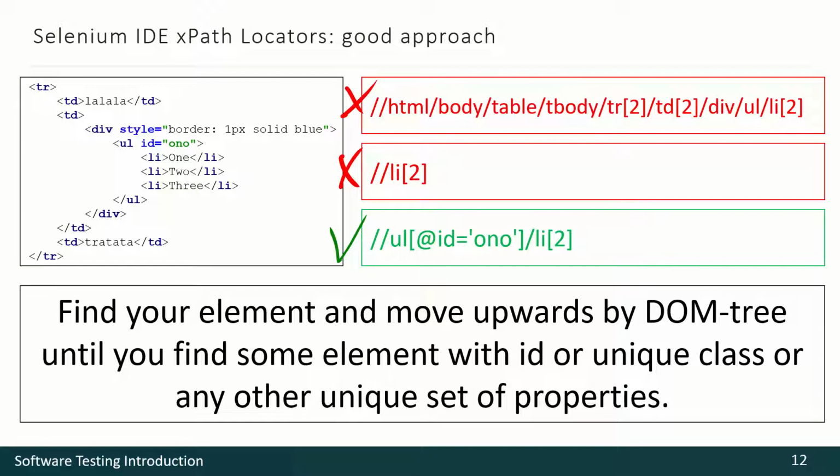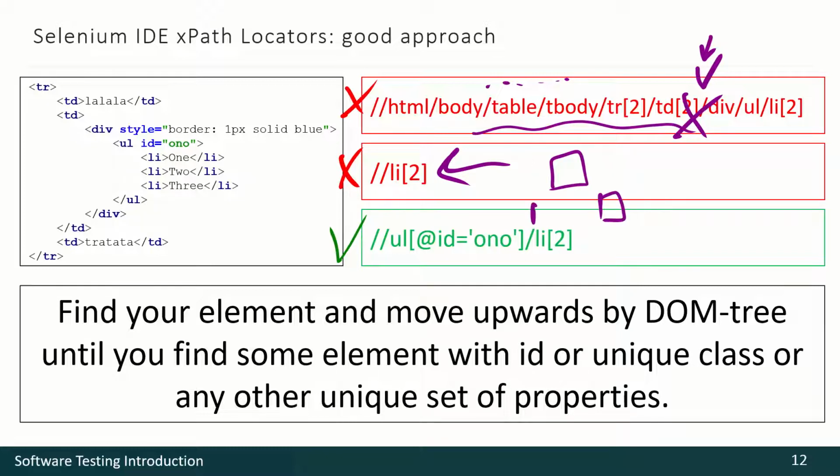Imagine that something changes in the page layout, and maybe something was inserted here, then this whole chain breaks, and no element will be found. With this approach, imagine that there are several lists in the page. And then another was added, so the second is no longer correct. It may be the first, the fourth, and so on.